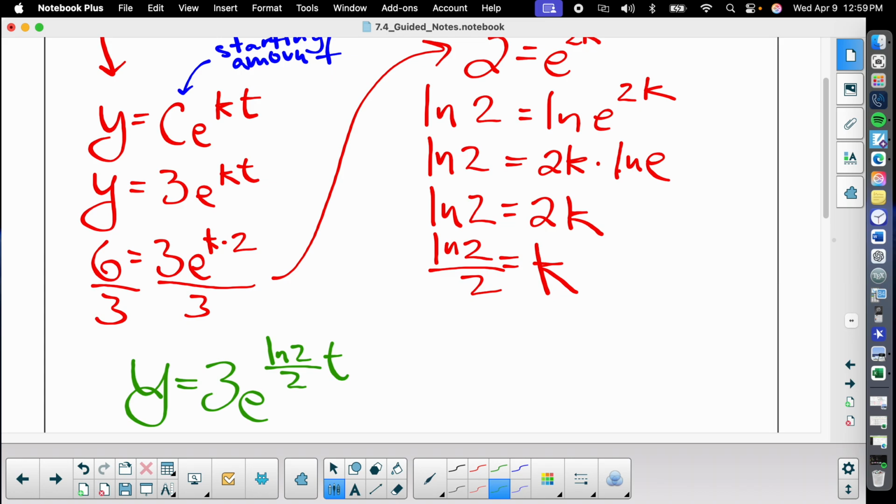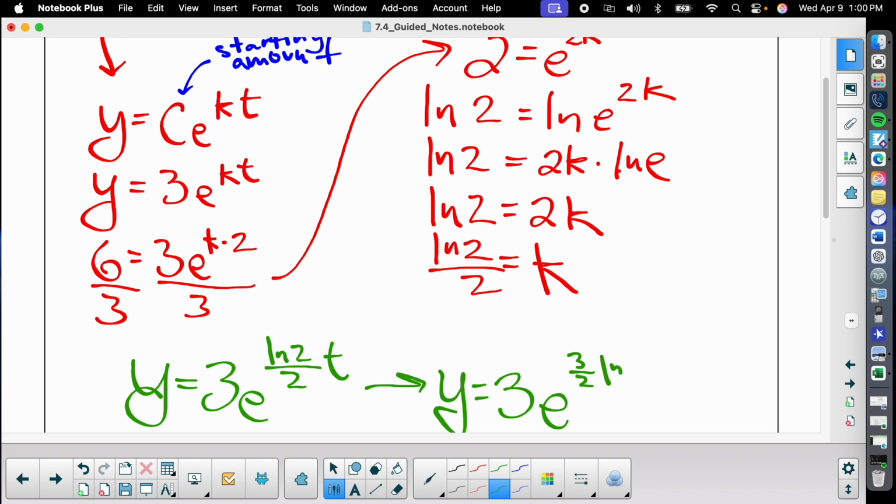There's generally always 2 things you have to do to even figure out the equation to use. And so we put 3 in place of t. You plug that in your calculator, or just leave it as an exact answer. 3 halves ln 2. This would be the exact answer. If you want the decimal, then it's got to be calculated.